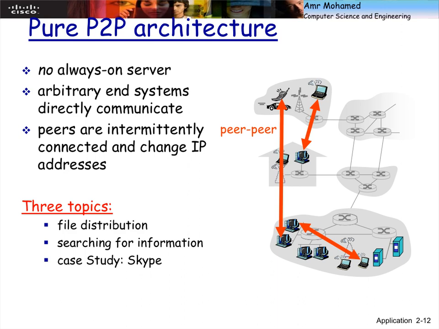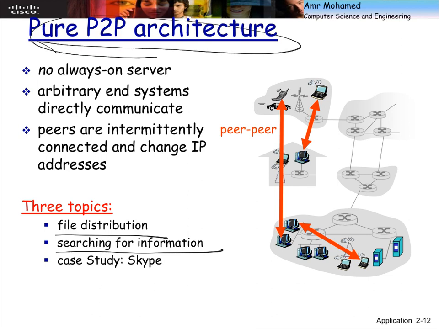So in terms of services which can be provided using peer-to-peer, we can use this for file distribution and searching for information. If we need a specific type of information, we can search for it. But searching in a pure peer-to-peer architecture is challenging, because we have to do an exhaustive search.